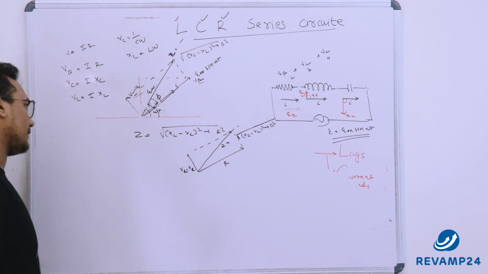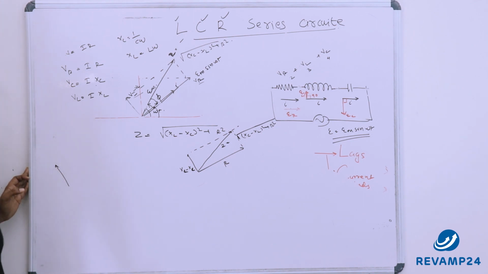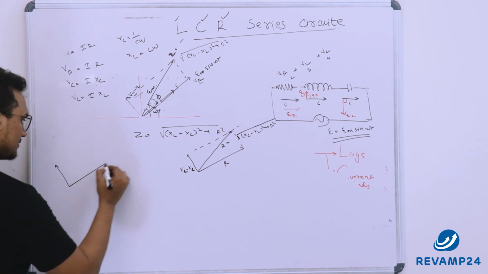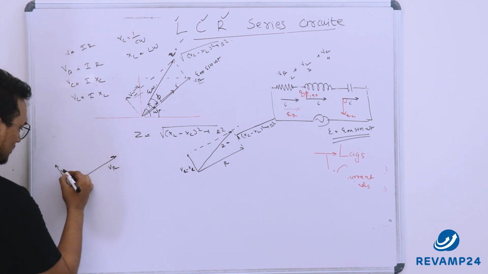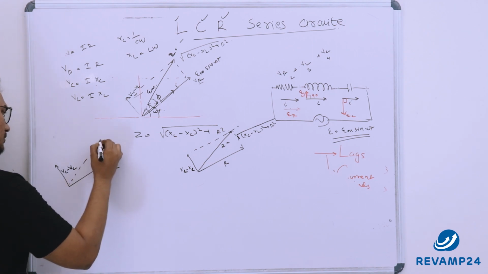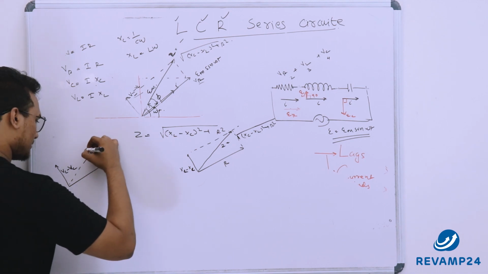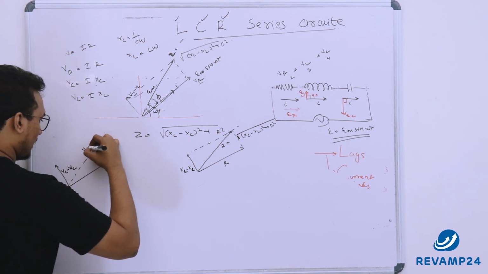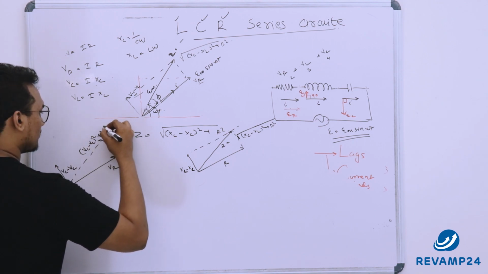I would repeat it again. See, now I got VL minus VC in this direction. Now this is potential across R, VR, this one is VL minus VC, and the resultant of these two is the net potential difference, right? The total potential difference, that is the square root of VL minus VC the whole square plus VR the whole square.